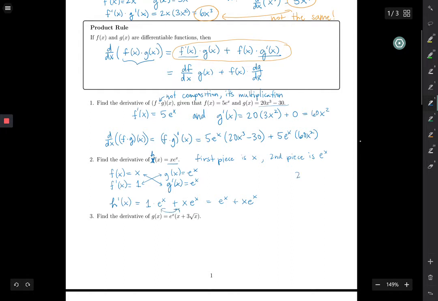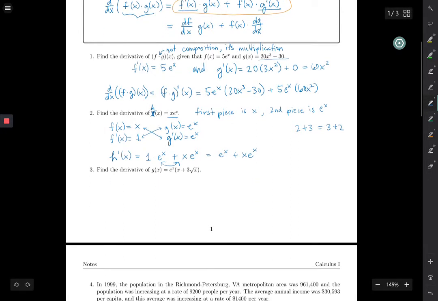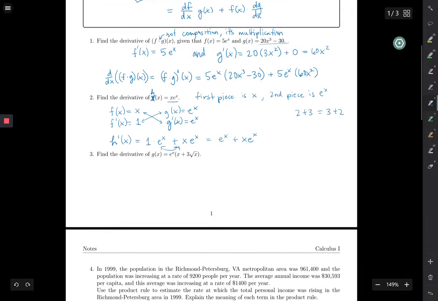It's just saying that if we add two numbers together, it's the same as adding them in the other order, right? Or if we add two expressions together, it's the same as adding them in a different order. Okay. So that was just to say it doesn't matter if you want to take as your first term f times g prime or f prime times g.